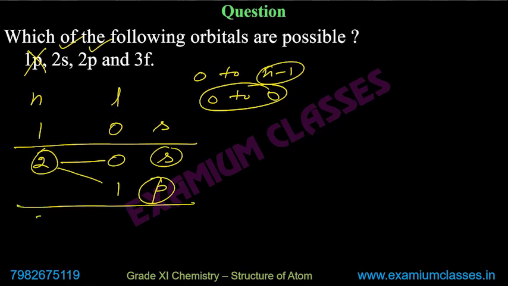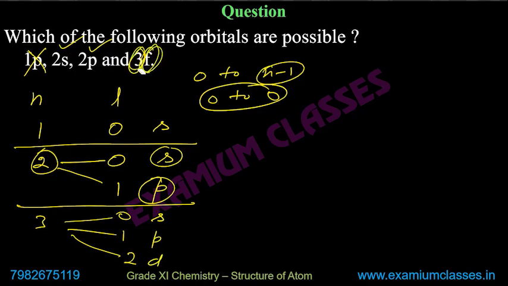Now come to the third shell. Third shell will have three subshells, 0, 1, and 2, means s, p, d. f will not be there in the third shell, not possible. It means the orbitals which are possible are 2s and 2p only.